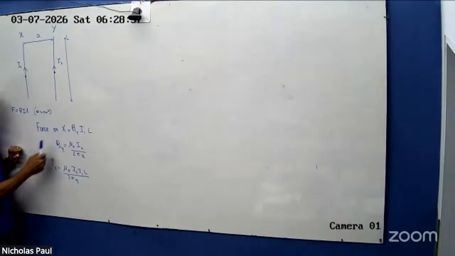The magnetic flux density that causes the force on X is due to Y. Everybody okay with that?